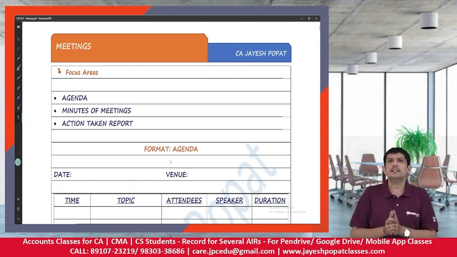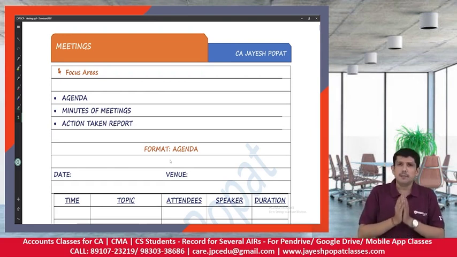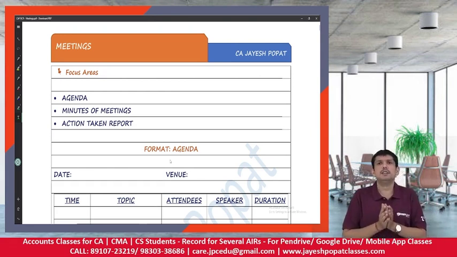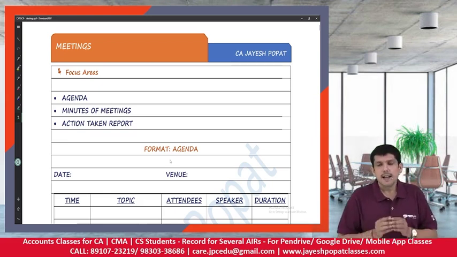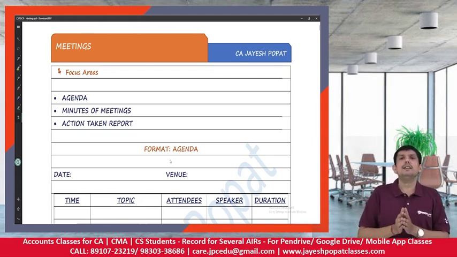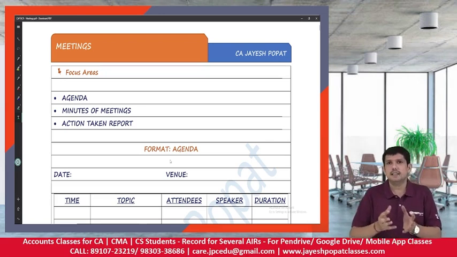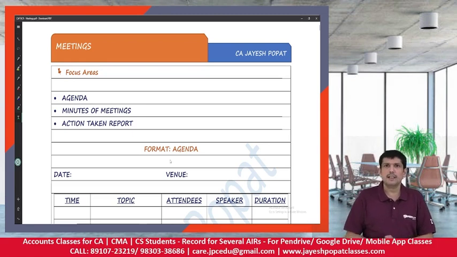At an organization level also, the meeting could be divided into two parts. One is the organizational level meeting, meaning a meeting between the management or the shareholders of the company, and the other is operational meetings. These operational meetings are between the functional areas in the organization, like a sales debrief, or maybe a meeting between various departments of the organization.